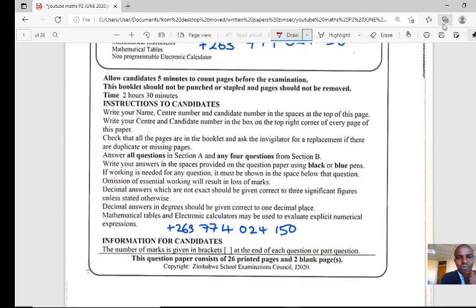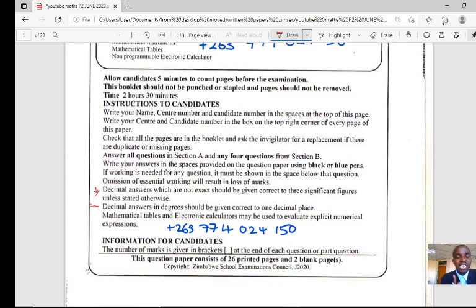Please take note. You don't have to skip the instructions. Take note of the instructions, please. Especially this one, given that the answer is not exact, and this one also. Decimal answers which are not exact should be given correct to 3 significant figures unless stated otherwise.